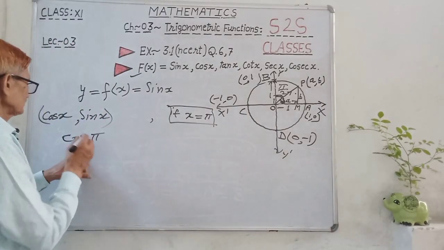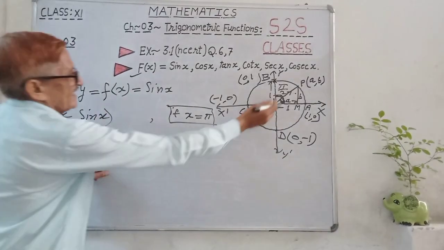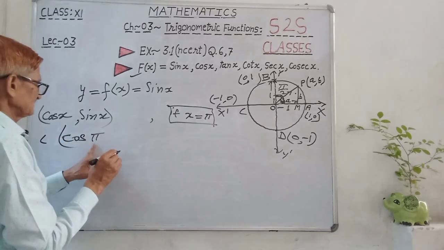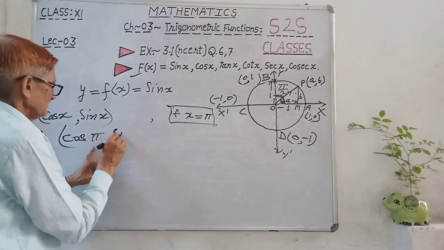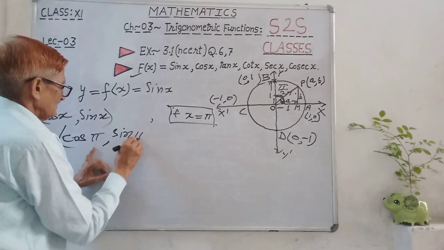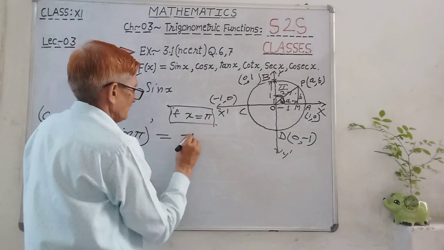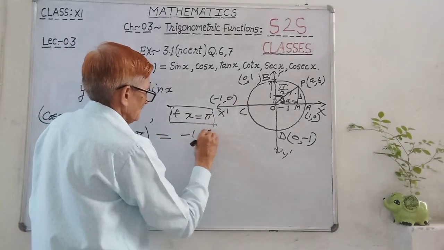So cos pi, here angle pi at C, so point C will be equal to cos pi comma sine pi. Okay, and this is here by coordinate system -1, 0.